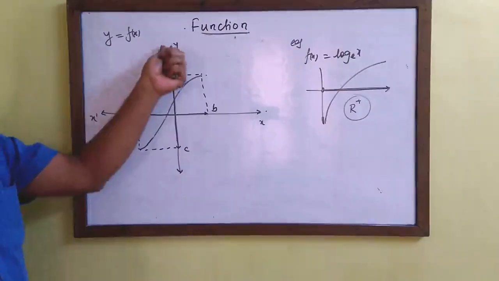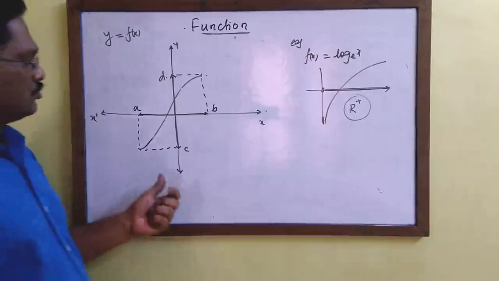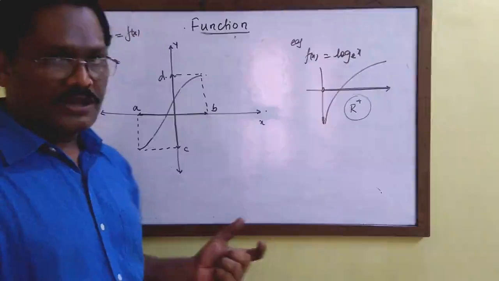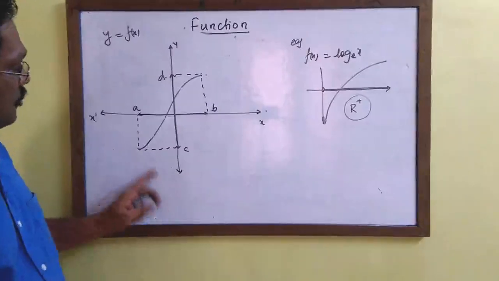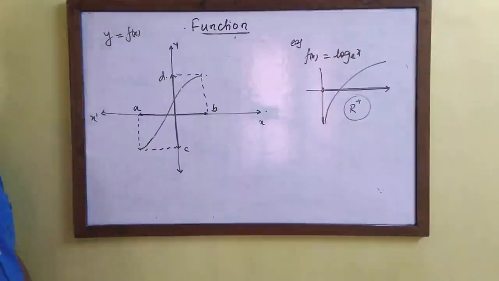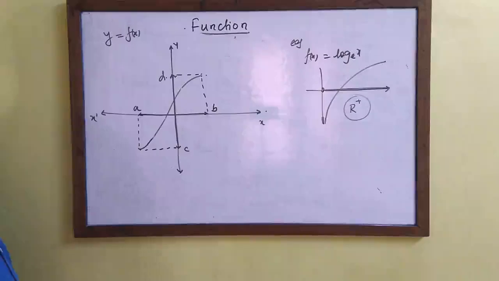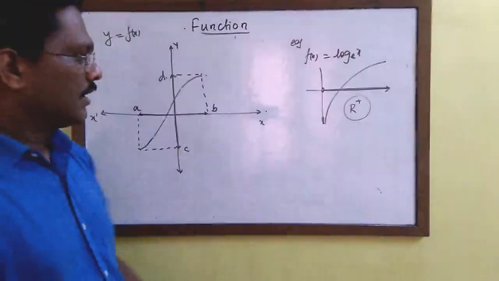So by default, the whole y-axis signifies the codomain of the function. So once again, I'll repeat. Projection of any graph over the x-axis signifies the domain of a function. Projection of any graph over the y-axis signifies the range of the function. And if no set x and y is given, the entire y-axis represents its codomain.